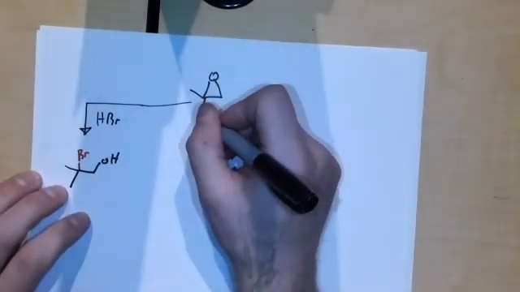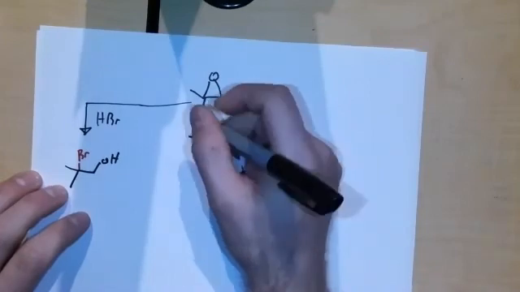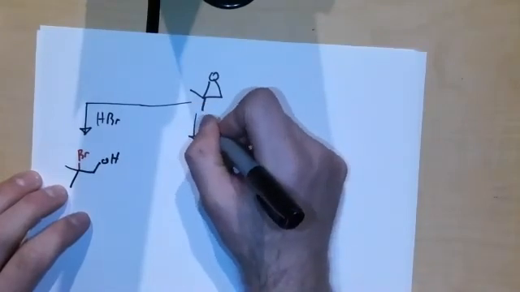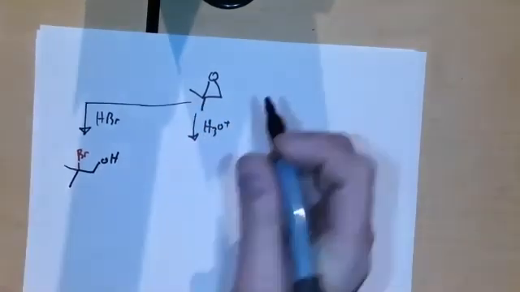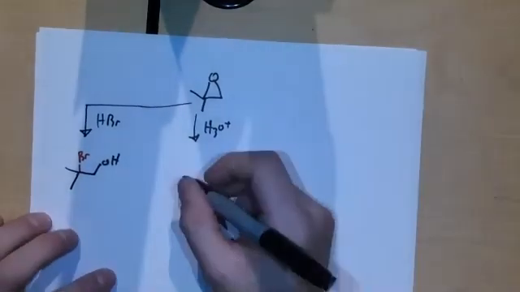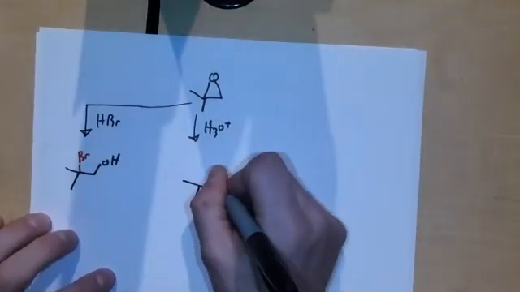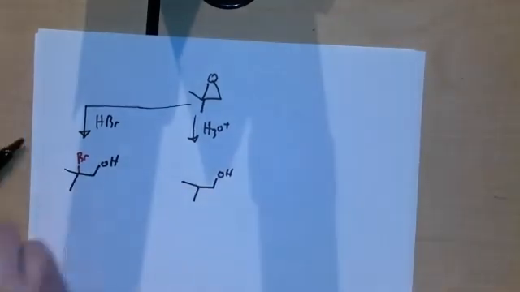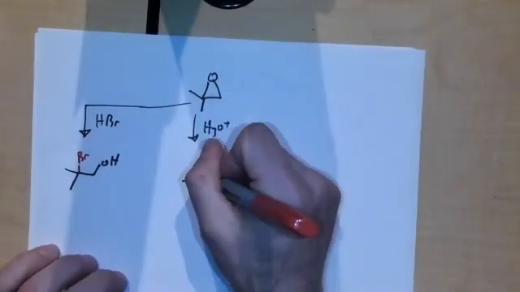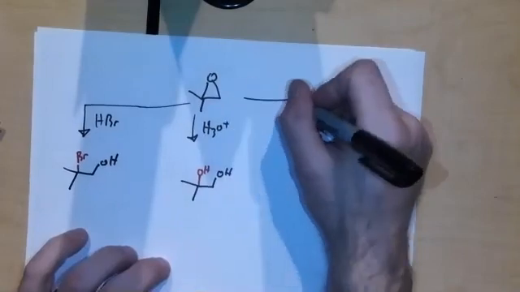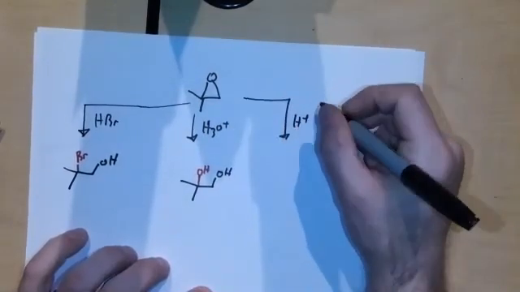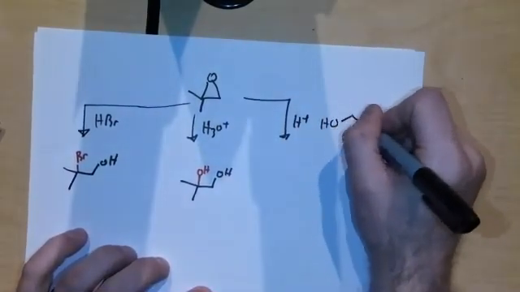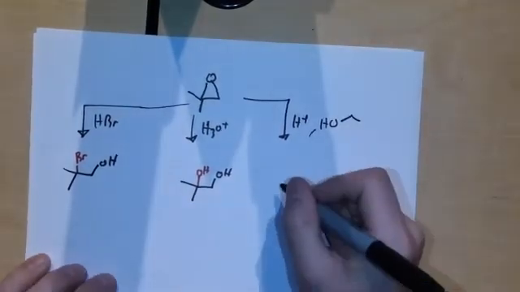H3O plus could give you two alcohols. The one from the H3O plus is going to be the one that is in the more substituted position, even though you're not going to distinguish between them. And then finally, you could also add in H plus, the one we just talked about, ethanol.